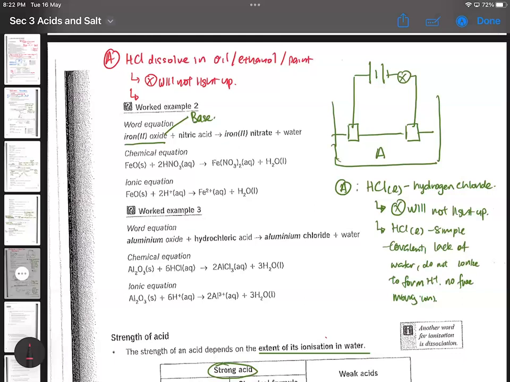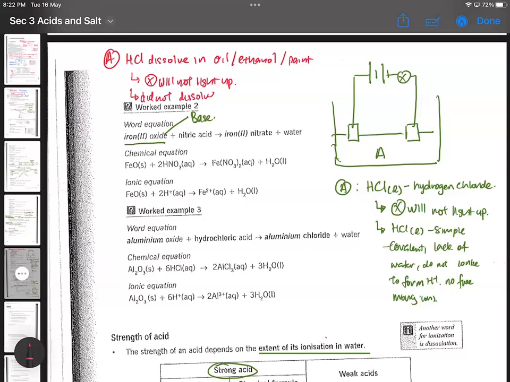It must be in the aqueous state before ionization is possible. So the question can say this HCl or whatever acid is dissolved in some substances, but if you do not have water, it doesn't work at all. So again, it will not light up, because simply it did not dissolve in water.